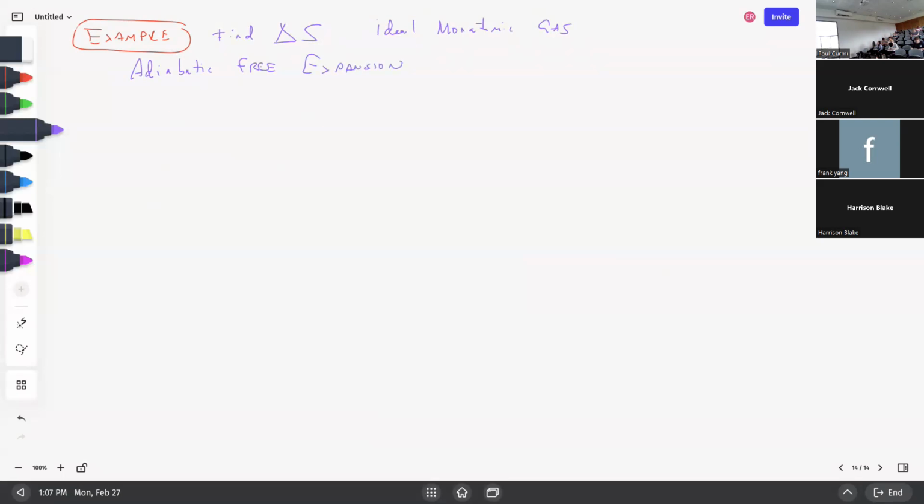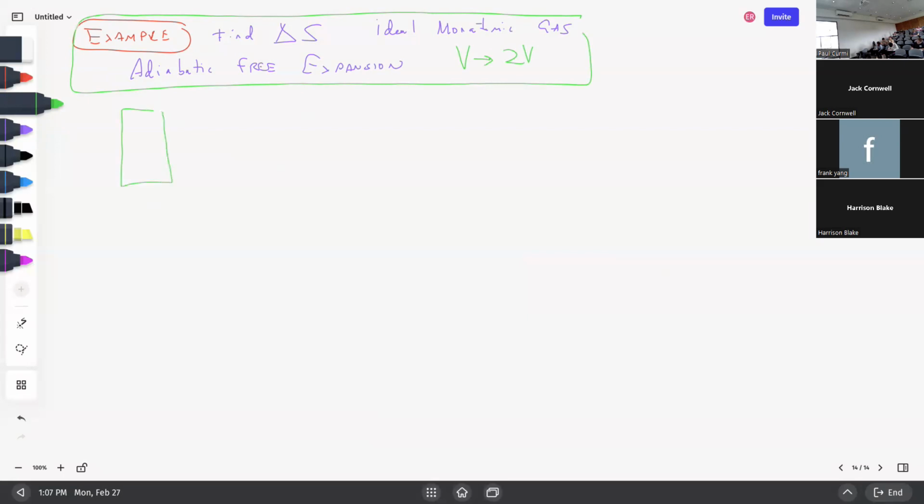Okay, so I'm going straight away for something that is completely irreversible. This is a process where I'm just letting this go from volume to twice volume. It's a free expansion. It's adiabatic. So what I do is I start off with a can and a partition. I've got my gas. And here I've got a vacuum.